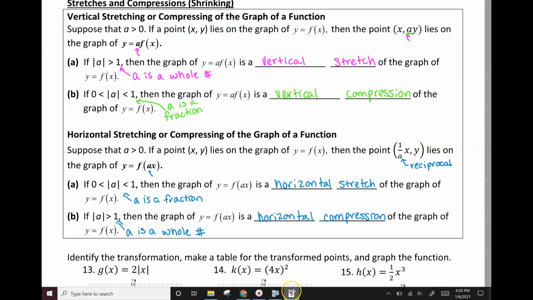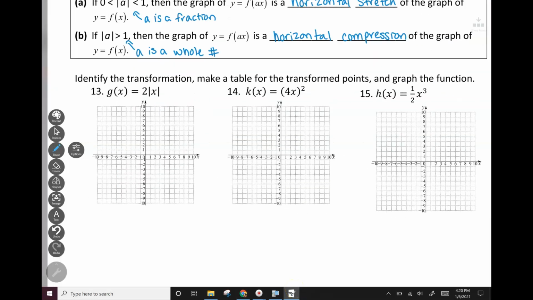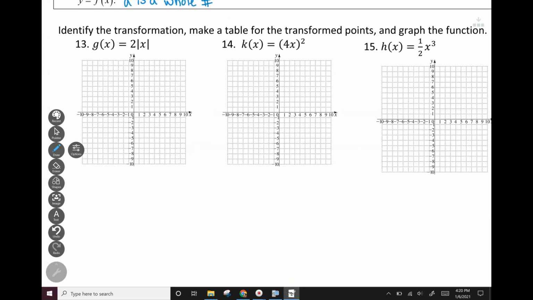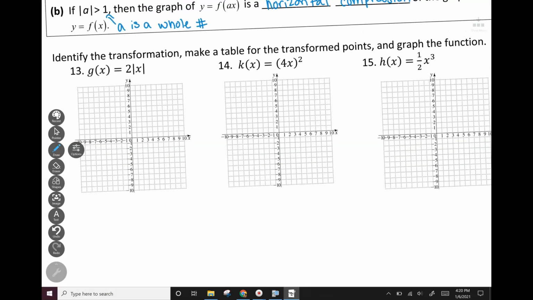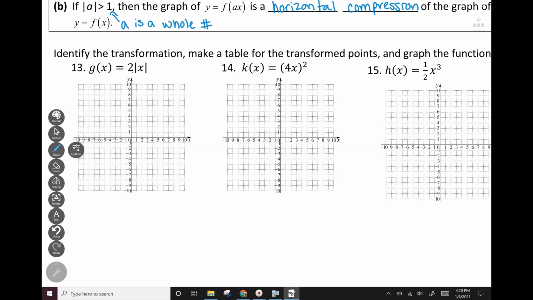All right, moving right along. Let's look at some examples. Identify the transformations, make a table for the transform points, and graph the function. So let's identify our transformations. A 2 outside of the absolute value, so this is in front of the function, that is going to cause a vertical stretch by a factor of 2.